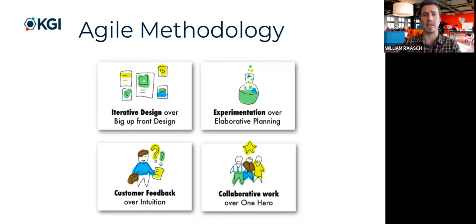Second, it's experimentation over elaborative planning. I think a lot of times people tend to get caught up in the fact that they want to get everything right. Let's try to do all the research we can to formulate our own opinions of what's going to be best for the customer and then roll it out. Here, what we're saying with Agile is, no, don't try to figure it out on your own.